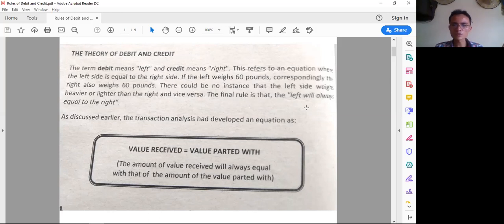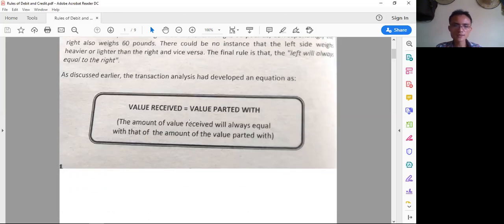If the left weighs 60 pounds, the right must also weigh 60 pounds for us to be balanced at all times. So to close, debit or left or value received is equal to credit or right or value parted with. Please take note of that.